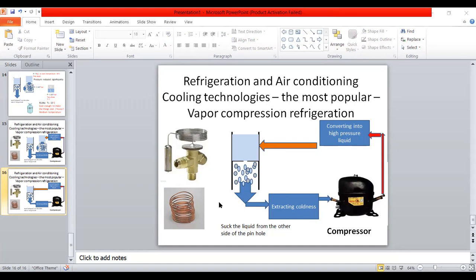Later we will be discussing this, but today we only learn flashing. Flashing is very important. Without knowledge of flashing, you cannot learn cooling technologies, that is not possible.